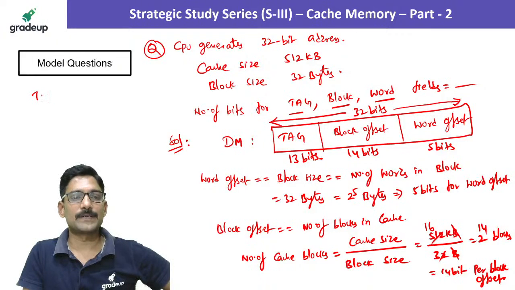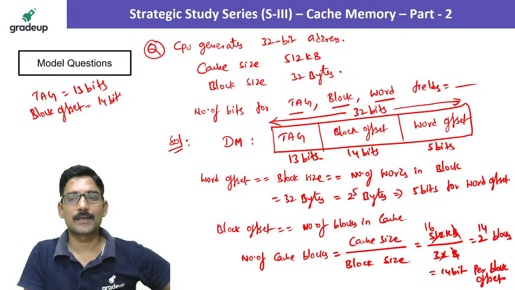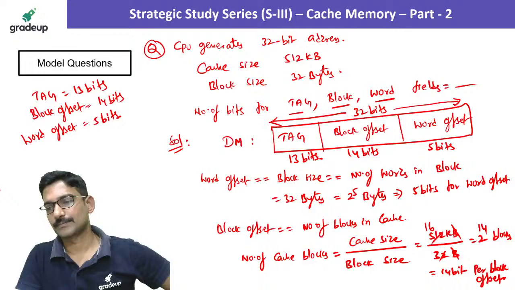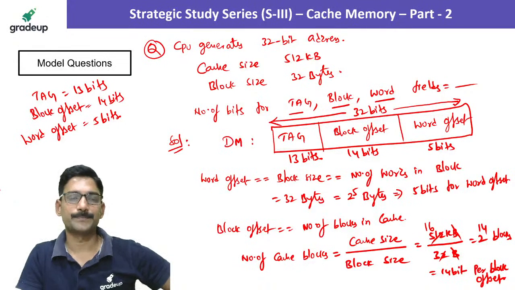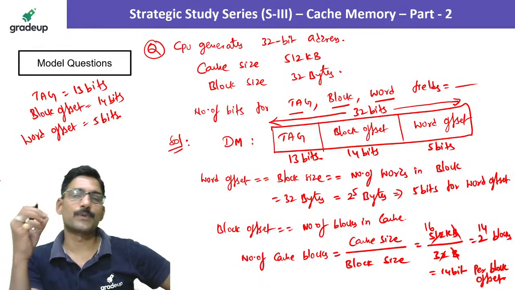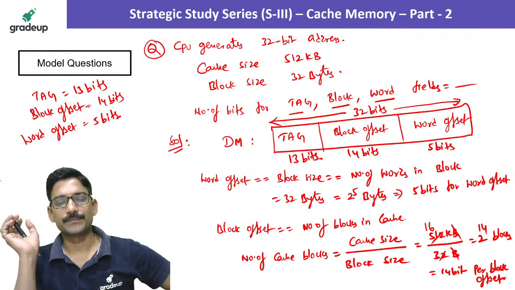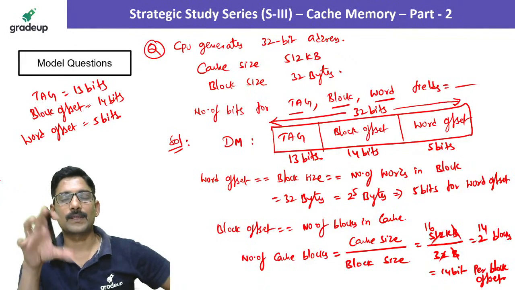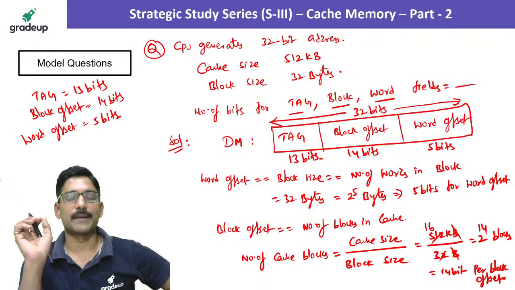So number of bits left for tag is 13 bits, block offset is 14 bits and word offset is 5 bits. Right? So this is one of the popular model questions from cache memory, direct map.